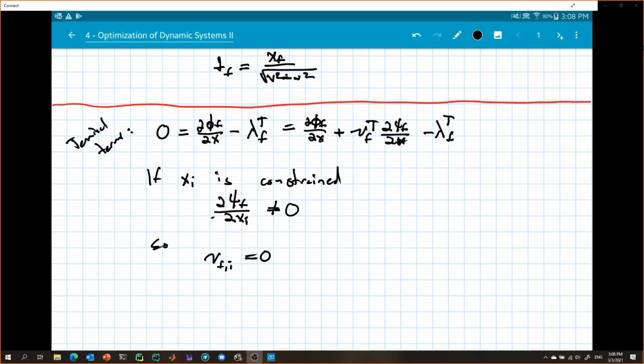No, hold on, let me think for a second. Basically, it doesn't have to be equal to 0, so what's the right way, how did I say this? Let me think for one second.